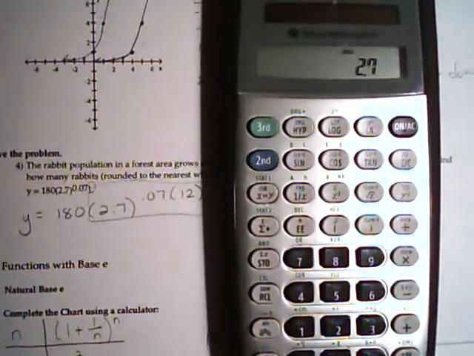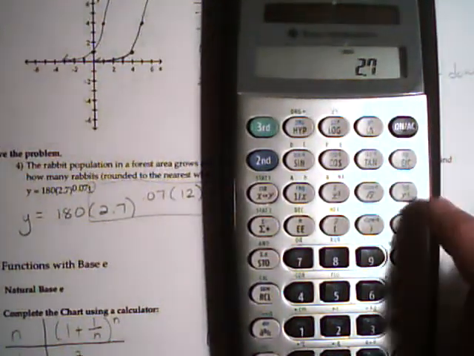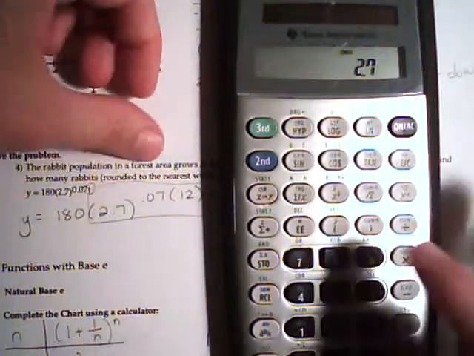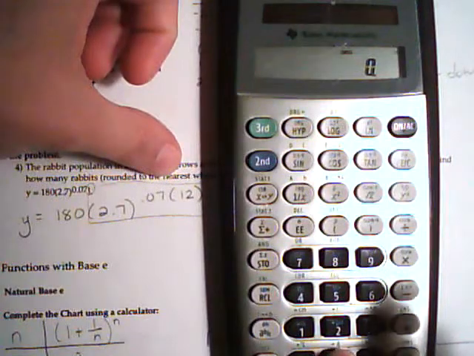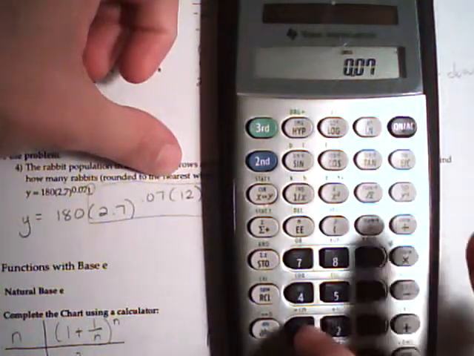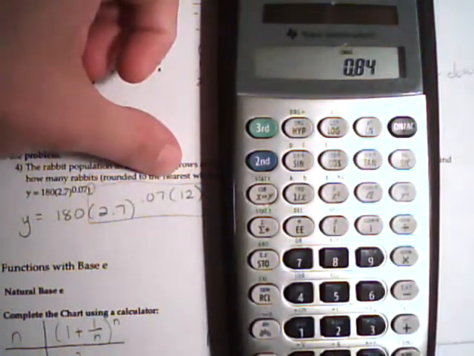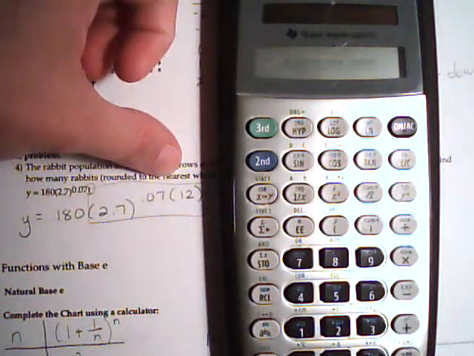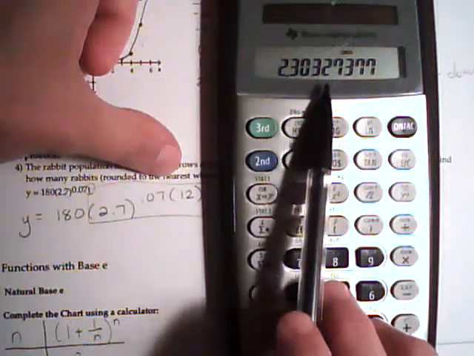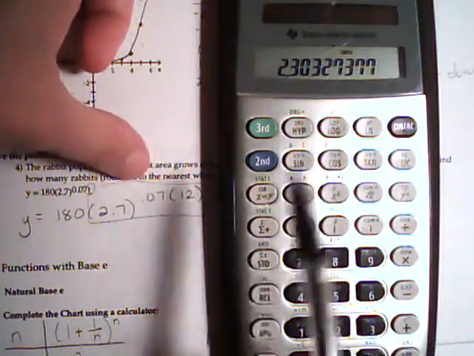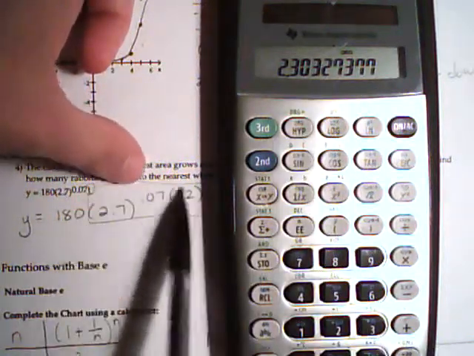So if I wanted to raise 2.7, hit my exponent key, and then open parentheses, because I want to multiply 0.07 times 12, close the parentheses, and then hit enter. So that gives me 2.303, and that's the equivalent of this part of my expression.